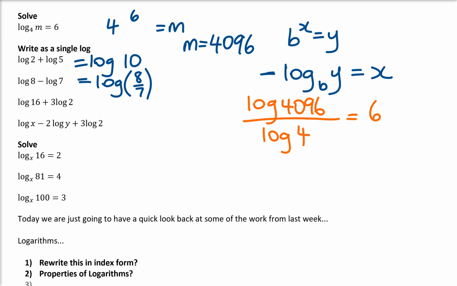Okay. The next one, log 16 plus 3 log 2. When you've got 3 log 2, what's that the same as? 2 to the power of 3, yeah. So this is the same as log of 16 plus the log of 2 to the power of 3. 2 to the power of 3 is 8.